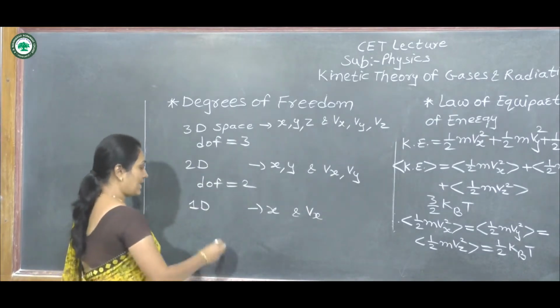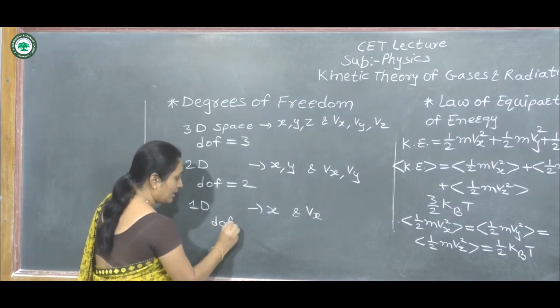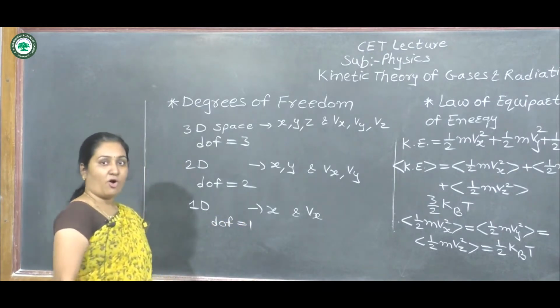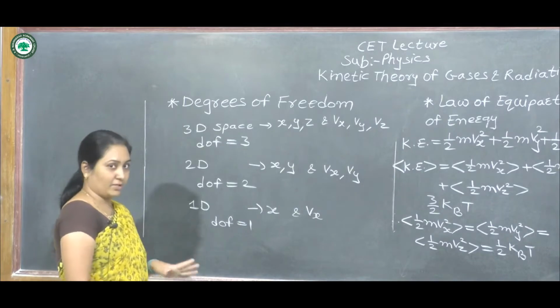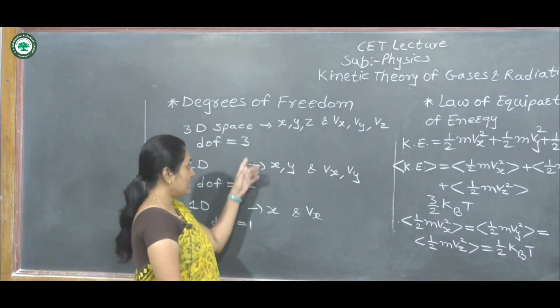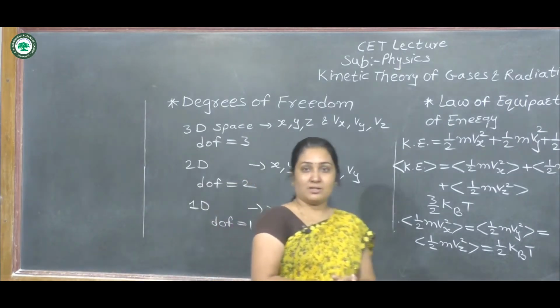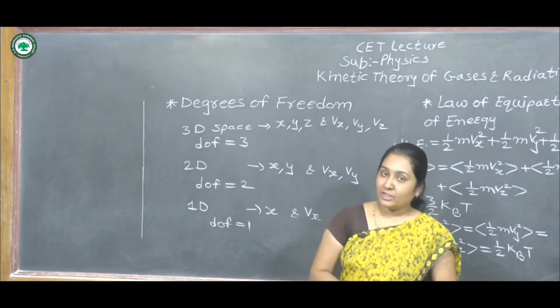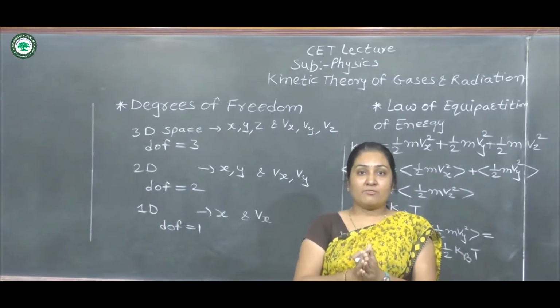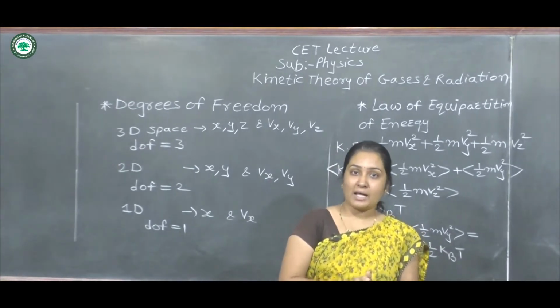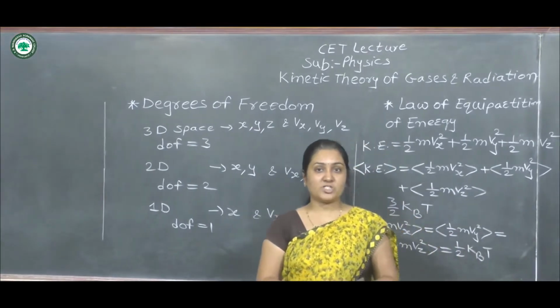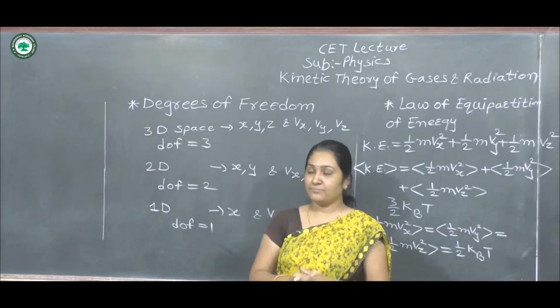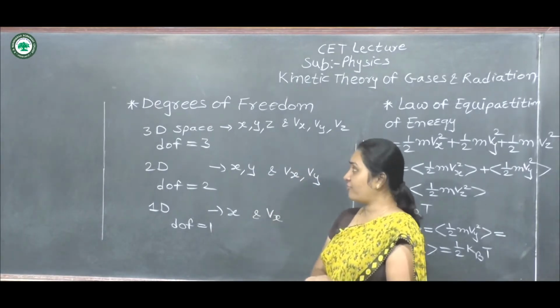Then in this case, the degrees of freedom of this object is 1. So the degrees of freedom gives us the total number of coordinates or the independent quantities which are required to describe the position and configuration of the system completely. This is about the degrees of freedom.